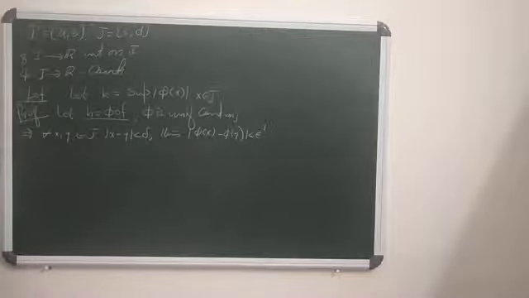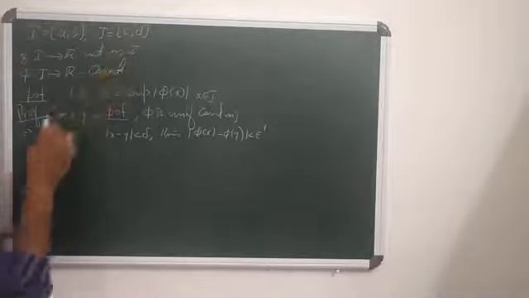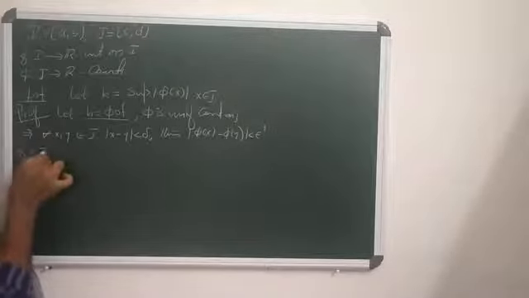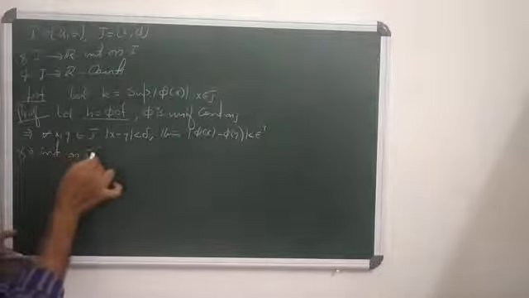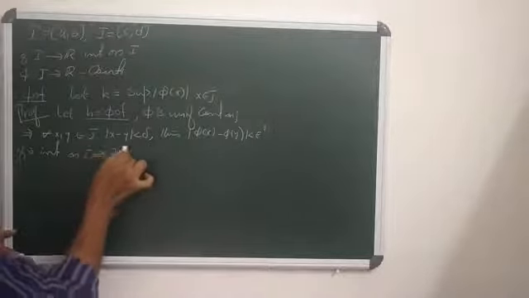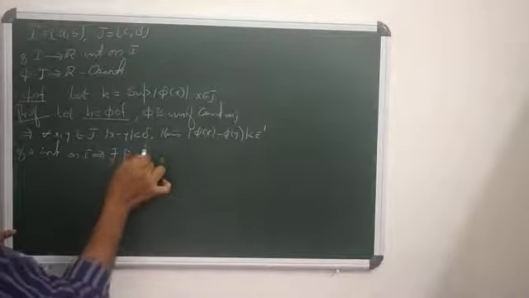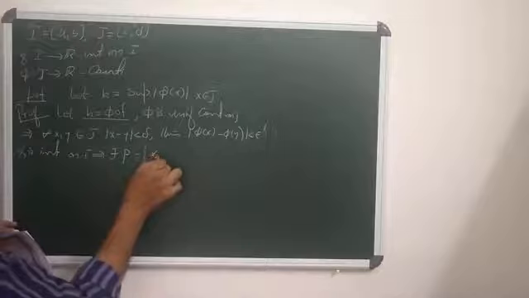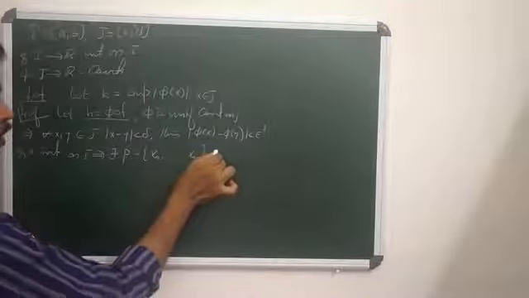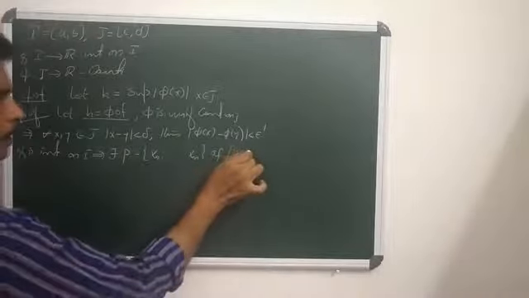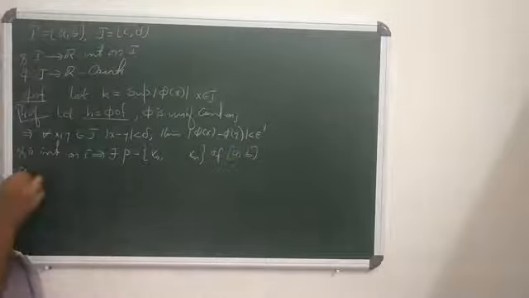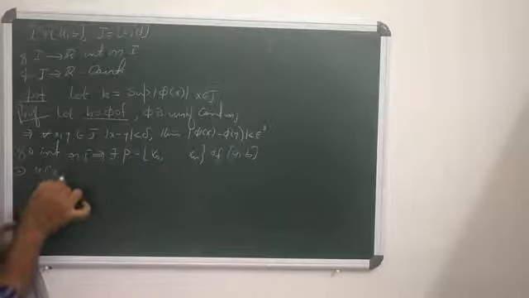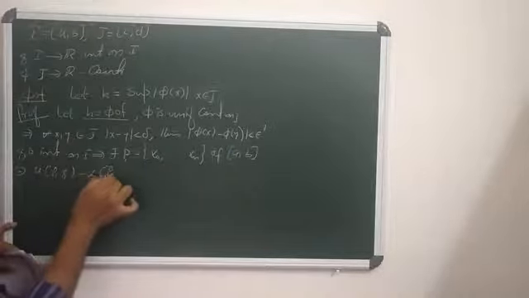Then consider a partition. Since f is integrable on I, there exists a partition P. What is this P? The partition P is P equals {x0, x1, ..., xn} of the closed interval [a, b] such that U(P, f) minus L(P, f) is strictly less than some epsilon.